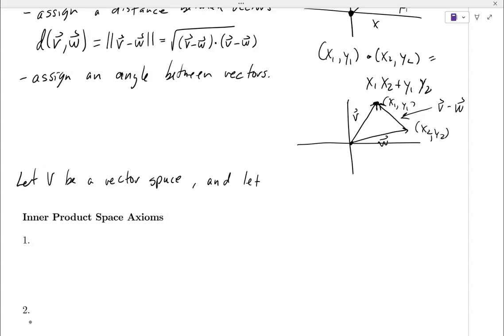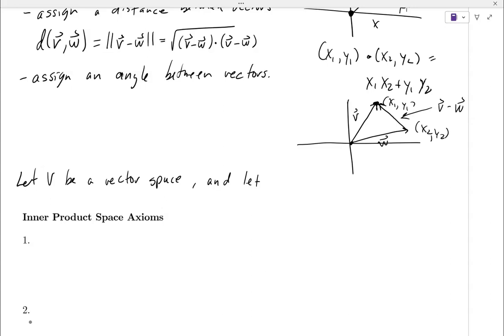And then we're going to let this function, where the inputs are two vectors, have as output a real number for our purposes. In other applications you might get out a different type of number, a complex number, for example. For our purposes, everything's going to be real numbers coming out of this.